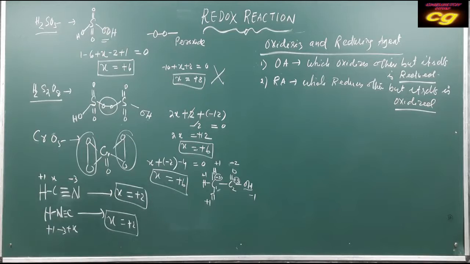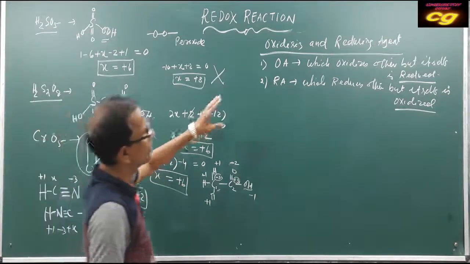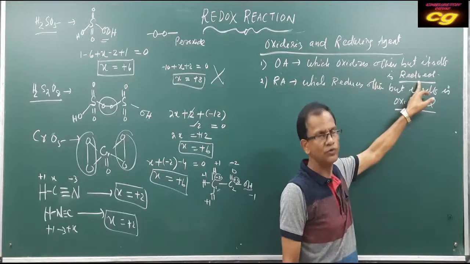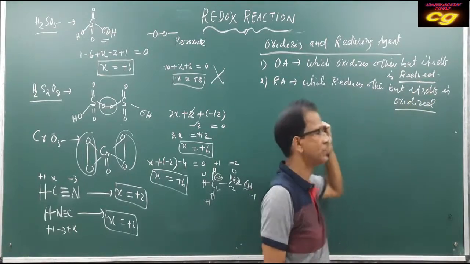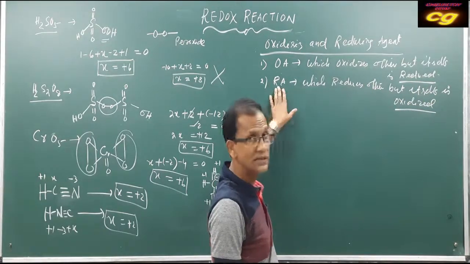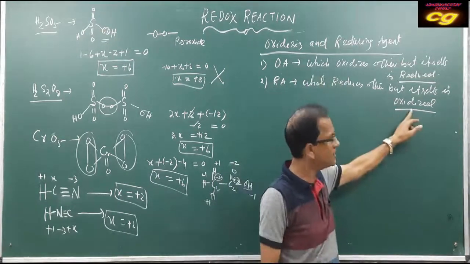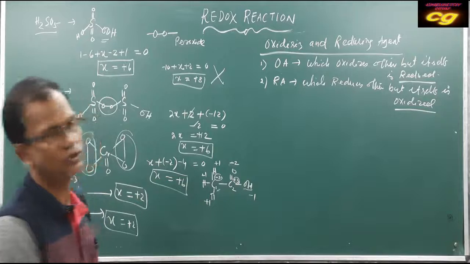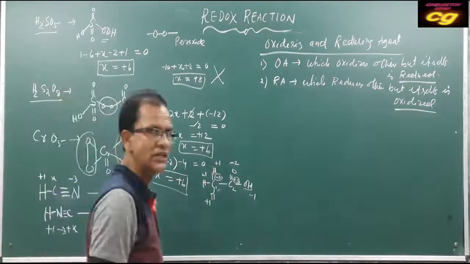That is the oxidizing agent and reducing agent. You have to remember this. Oxidizing agent means itself is reduced, meaning reduction takes place on it. And reducing agent means itself is oxidized, meaning oxidation takes place. So in this way you can define what an oxidizing agent is.